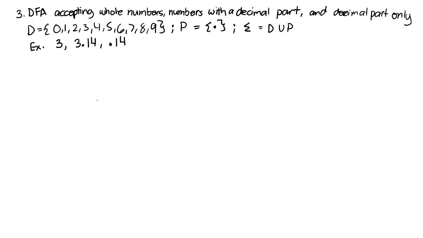So, katong sa number 2, I think it was something like this. Yeah. We have our period, okay, and then decimal, and decimal.